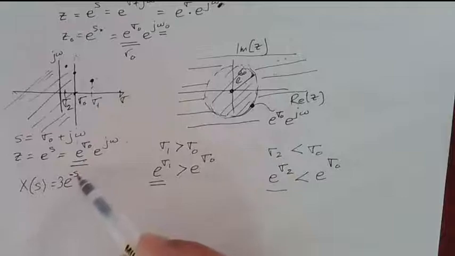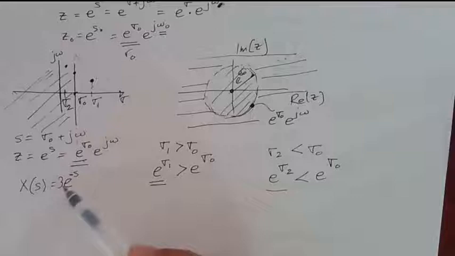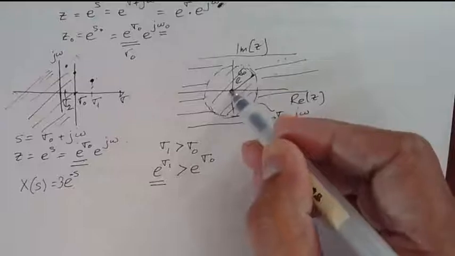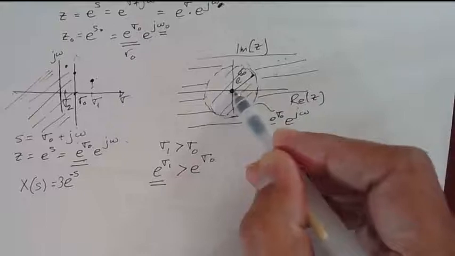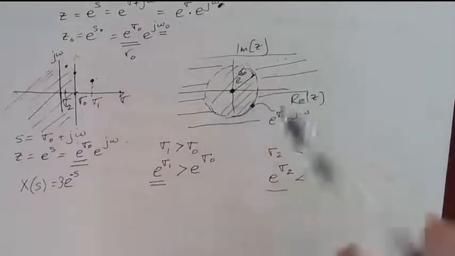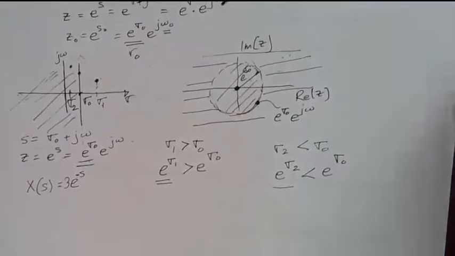So when we say something doesn't have a pole, we mean it doesn't have a pole in the finite s-plane, but it might have a pole if we went all the way out to infinity. That's why it converges everywhere except for z equals 0, because this point actually corresponds to infinity in the s-plane. You don't have to think too much about it.